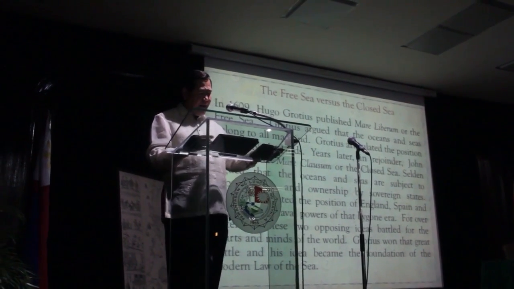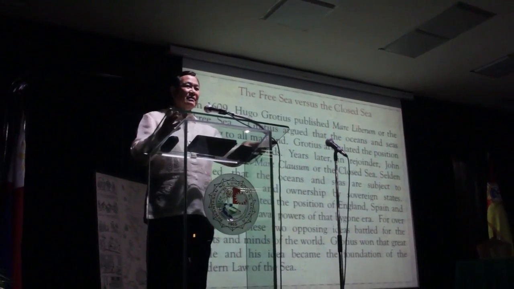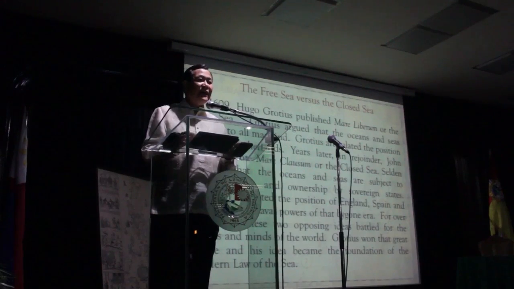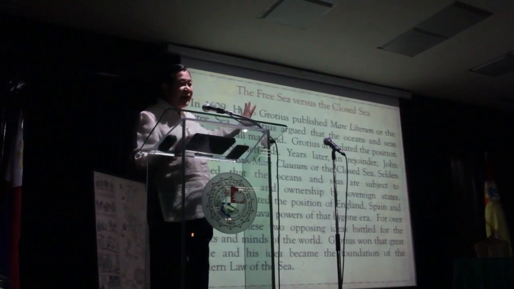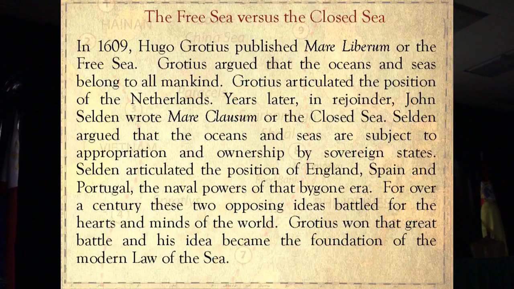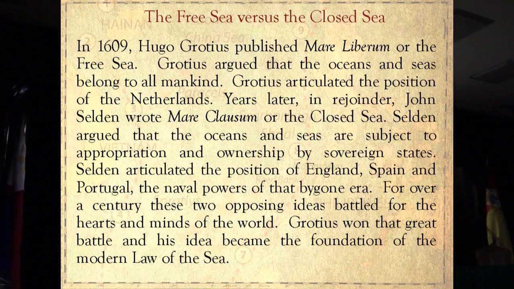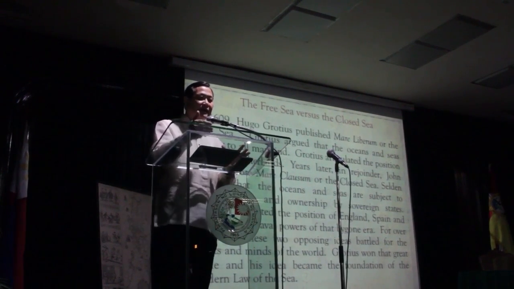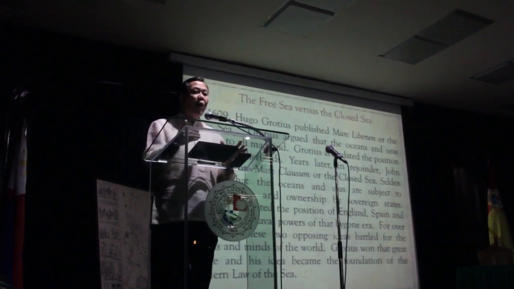Why does a state claim an entire sea? No state, except China, is claiming an entire sea. This debate happened in 1609. In 1609, Hugo Grotius wrote Mare Liberum, the Free Sea. And Grotius took the position that the oceans and seas of our planet belong to all mankind. It cannot be claimed by a state, cannot be owned by a state.